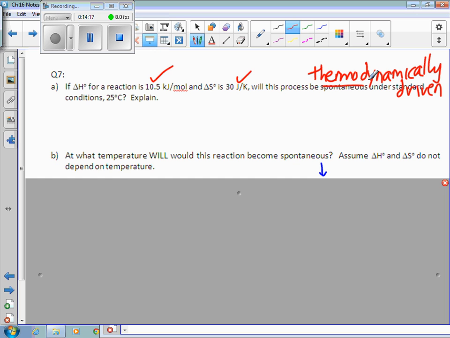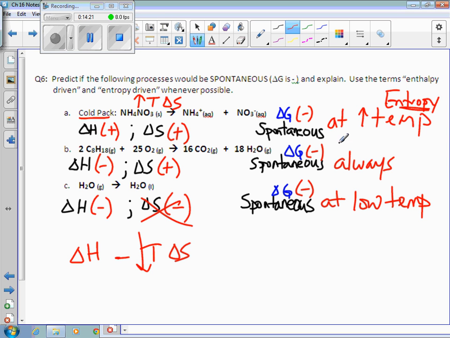Okay, and then you can break that down further, which is what we're talking about here, and I realized I didn't really complete all the statements here. Within thermodynamically driven, you can say, okay, is it the entropy piece or the enthalpy piece that's really making this happen? So for this guy, since it's basically spontaneous always, we'd say it's enthalpy and entropy driven.